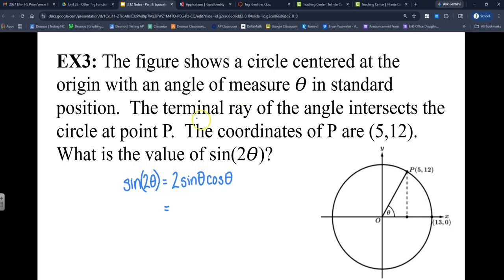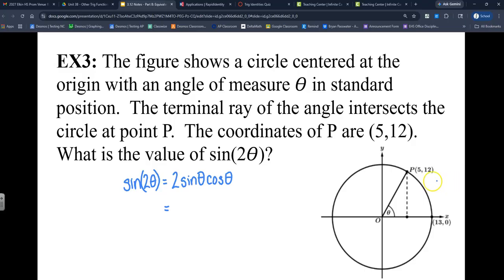What would I do to find sine of theta here? We need to use that 12.